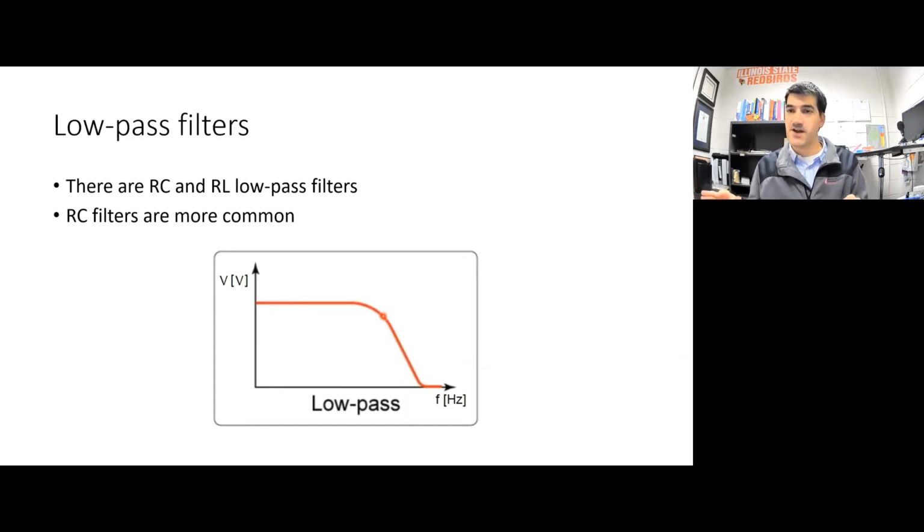But if you figure out the sizes of the components you'll need, the resistance and the capacitance, or the resistance and the inductance, you'll find out that it's a lot cheaper and easier to build the RC circuit than the RL circuit. So for that reason, RC circuits tend to be more common, but both work and both are in existence and in use in the real world.